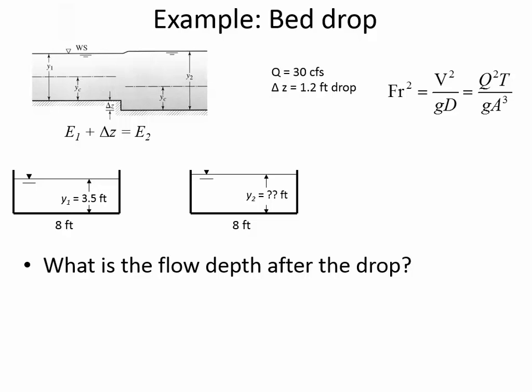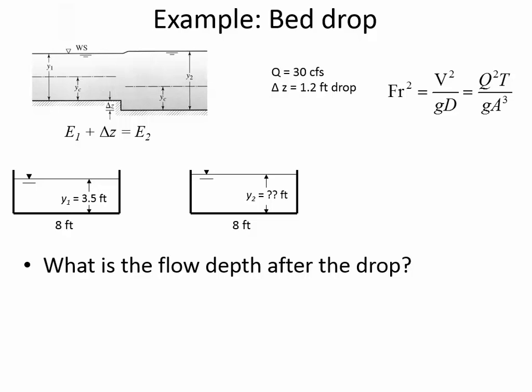And the delta Z, that step down, is 1.2 feet. Okay, so the first thing I want to do is diagnose the flow regime. The Froude number at location 1, Fr1, is going to be the square root of Q squared times the top width divided by g A cubed.